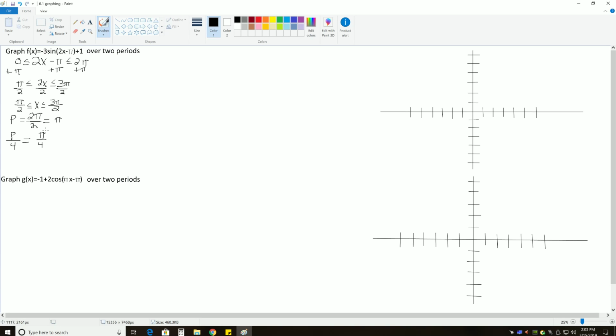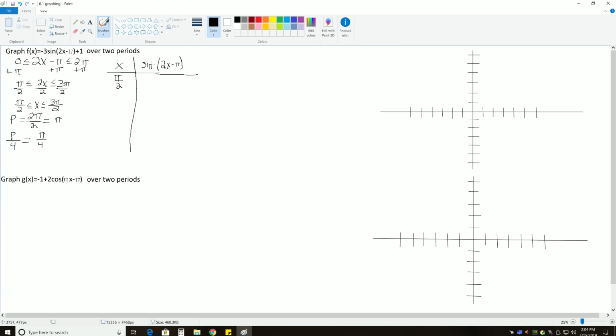So we need to make our table at this point to find all of the x values of our quadrantal angles. So we start with our pi over 2. And remember, this is our x, and this is our sine of 2x minus pi.